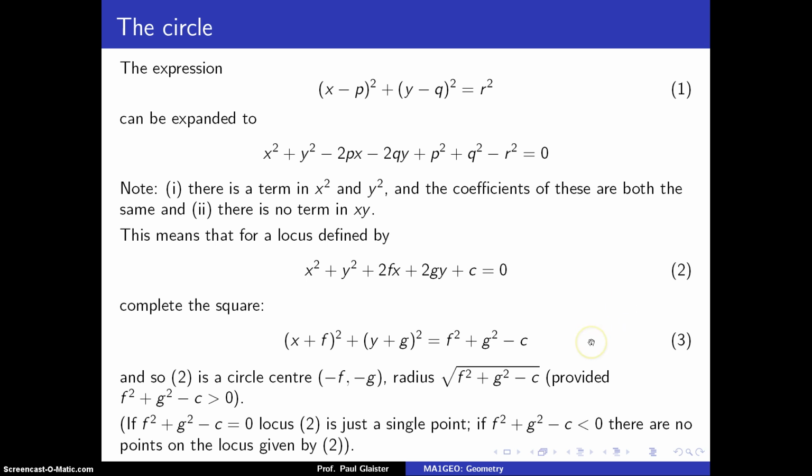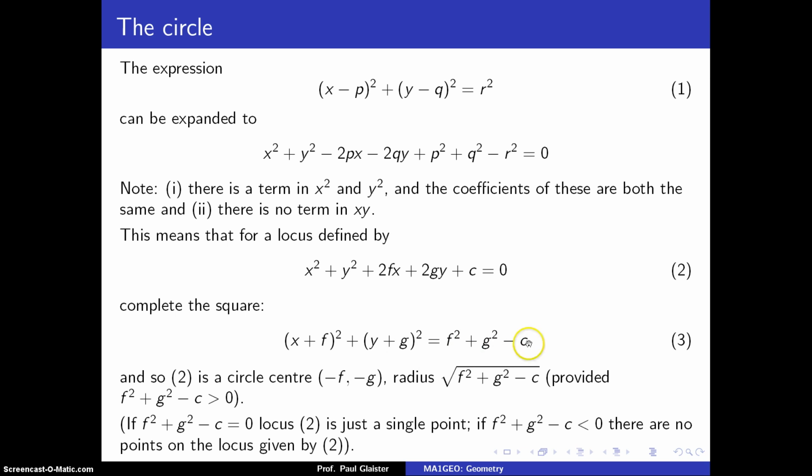Now, when we look at equation 3, we can see that it looks very much like equation 1. In other words, equation 3, which is the same as equation 2, being a general quadratic expression in x, y, x squared, y squared, where the coefficients of x squared and y squared are both 1, is a circle whose centre is going to be minus f, minus g, with radius the square root of this.